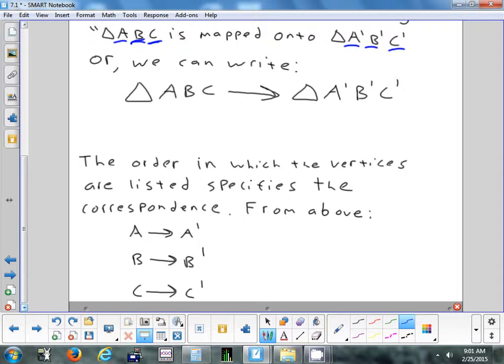Just keep that correspondence in the right order. Anybody know how many different ways you could do that? Basically, if you look at the letters A, B, and C, how many different ways can you arrange them? There's six. Six different ways to write ABC. You don't have to know that, but that's just how many ways there are.